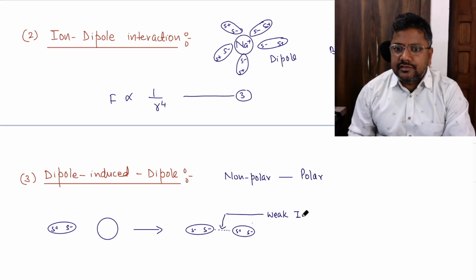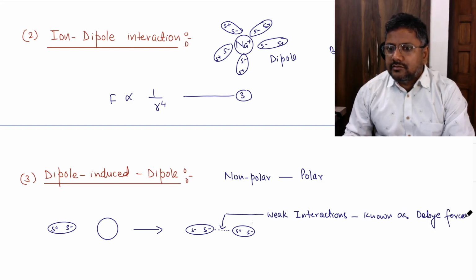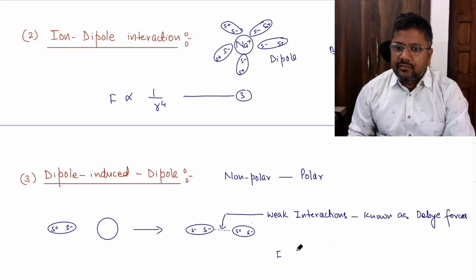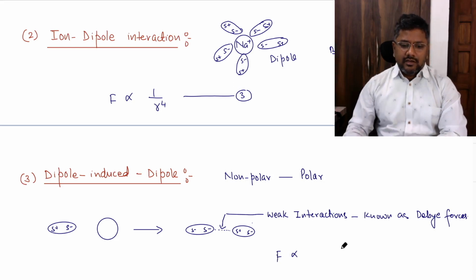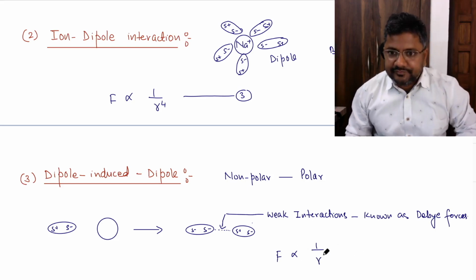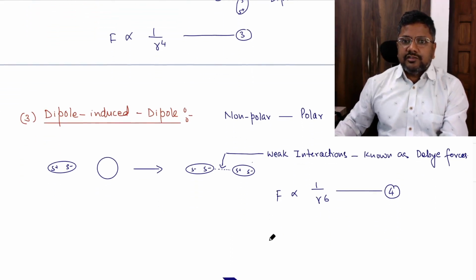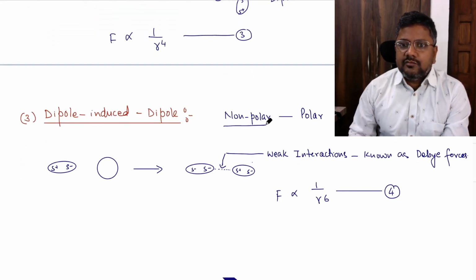Weak interactions, also known as Debye forces, and the force varies with 1 by r to the power 6, right? So this is dipole induced dipole, between non-polar and polar molecule.